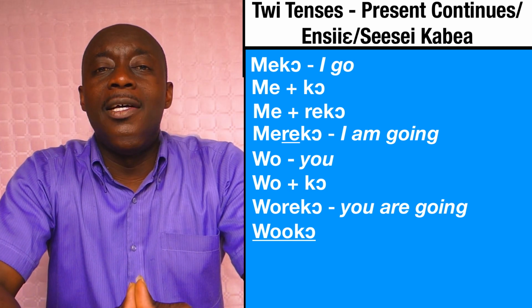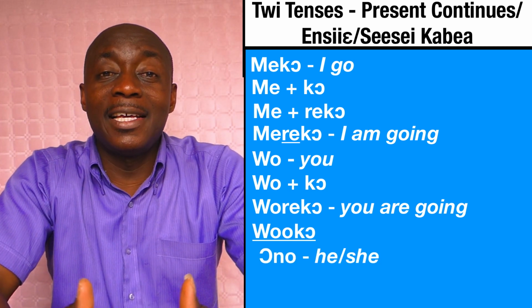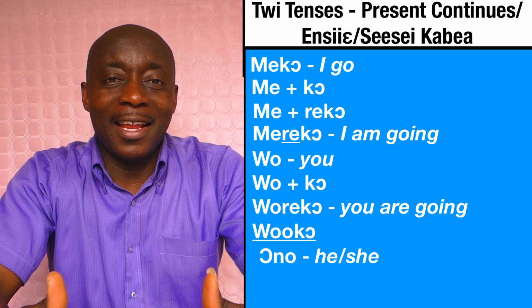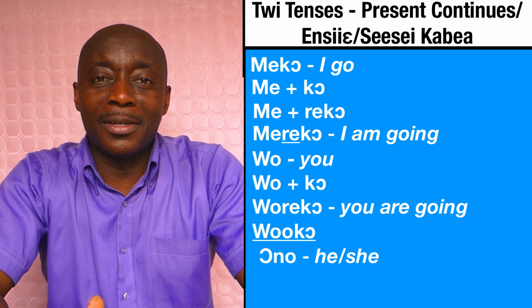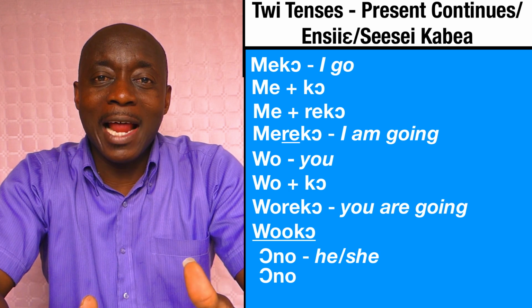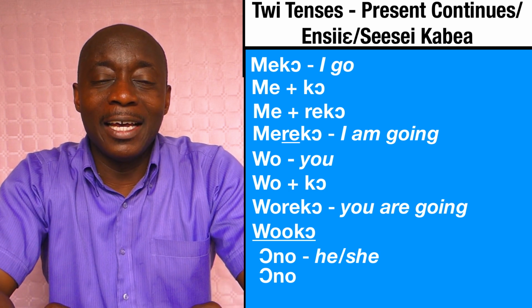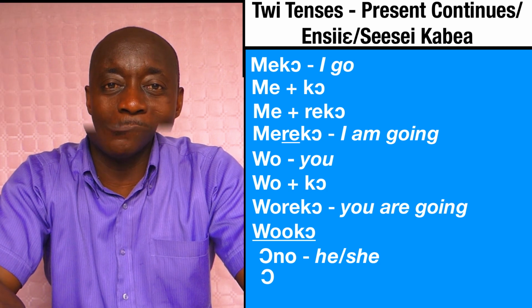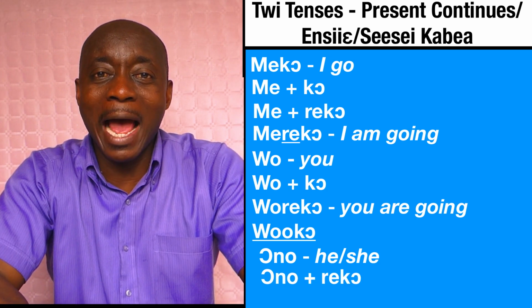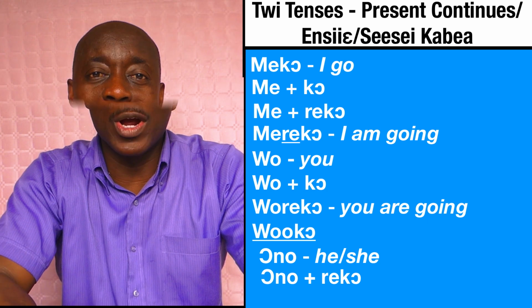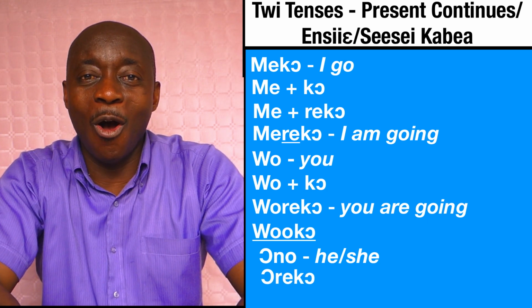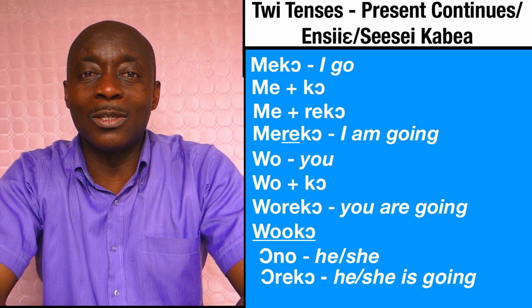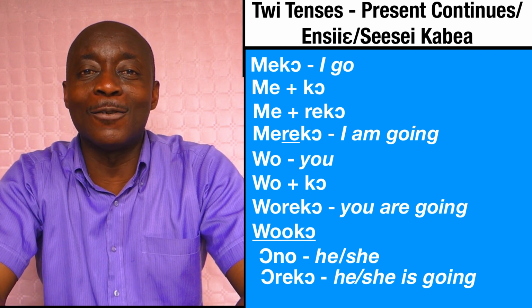Good. Let's take ono, and that is he or she. Like we learned previously, when ono is acting as a subject, it loses the no, and we get o. So o plus reko, we will get oreko. He is going or she is going.